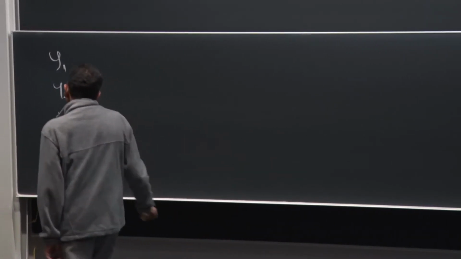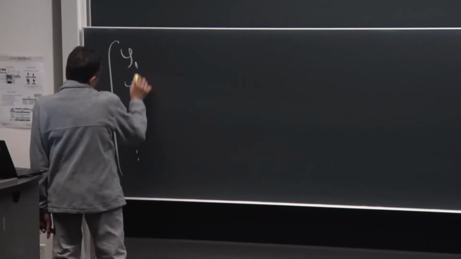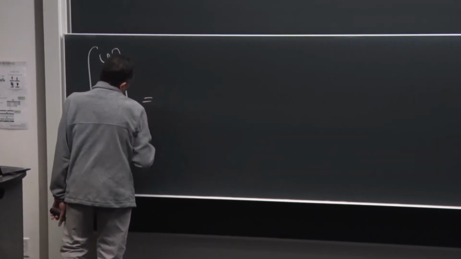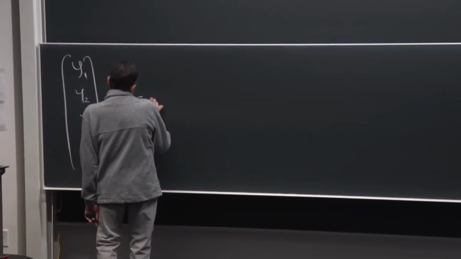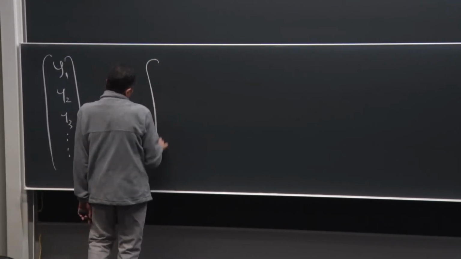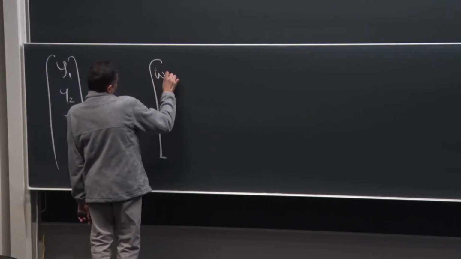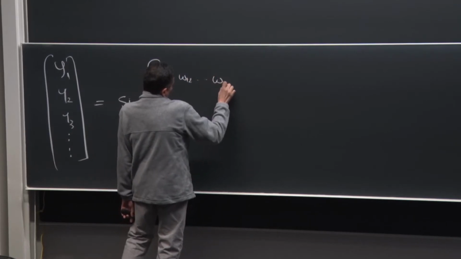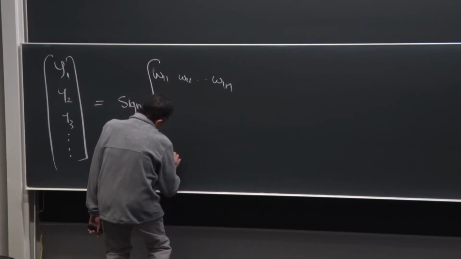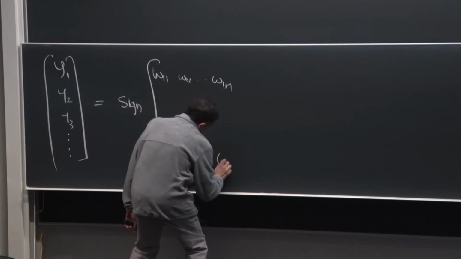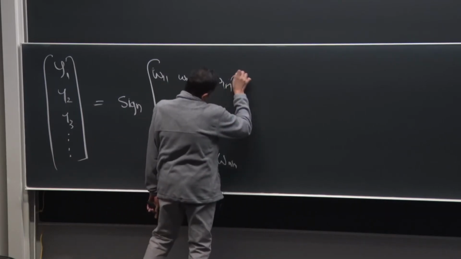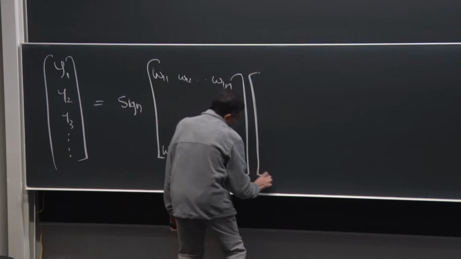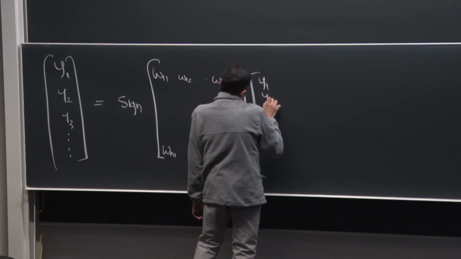And the way the network is evolving is just taking the sign of the weight matrix, W11, W12, up to W1n, Wn1, up to Wnn, times the vector Y1, Y2, and so on.